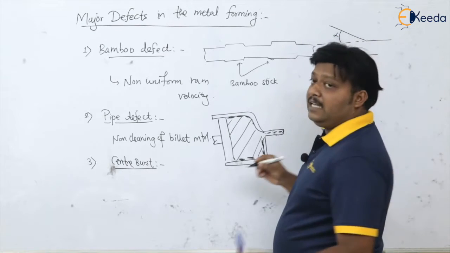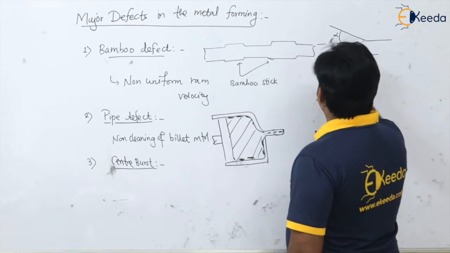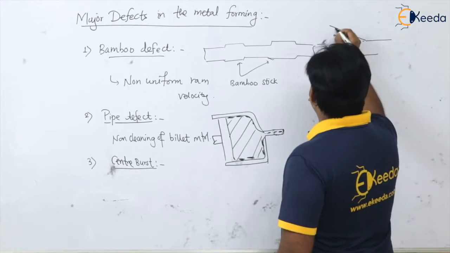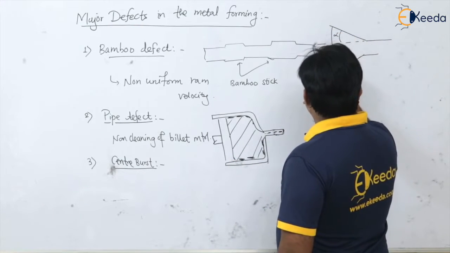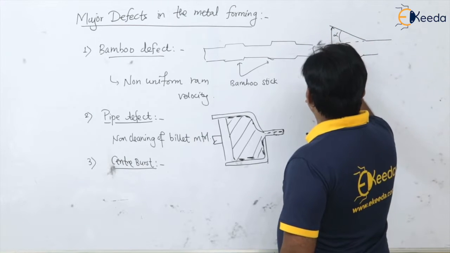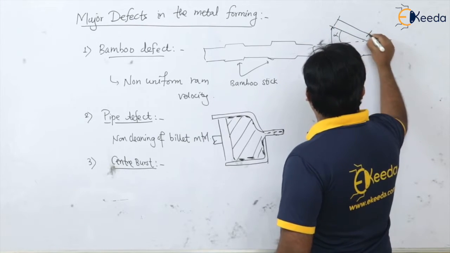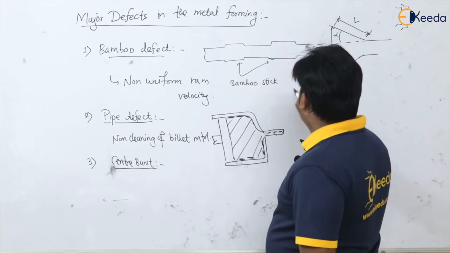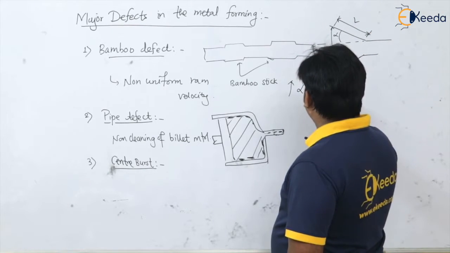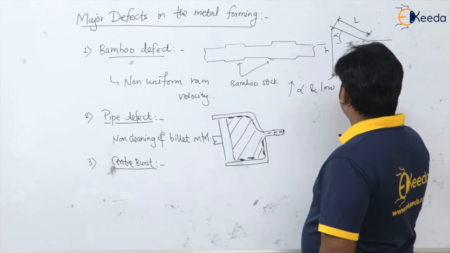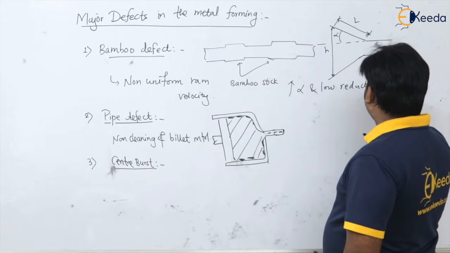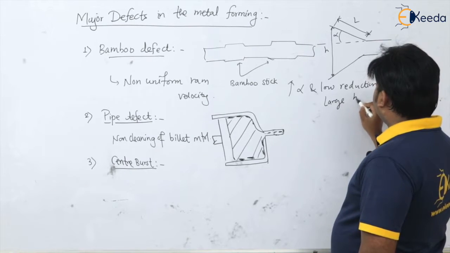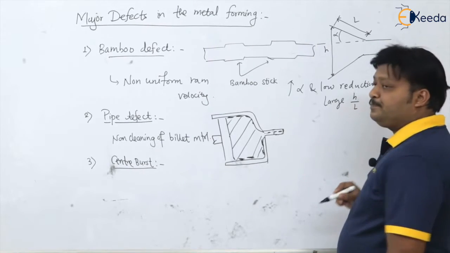When we are having a large angle alpha and a relatively low reduction ratio, suppose this is the height h and this is the length of this conical portion, that is L. So high alpha and low reduction ratio is nothing but a large h by L ratio.